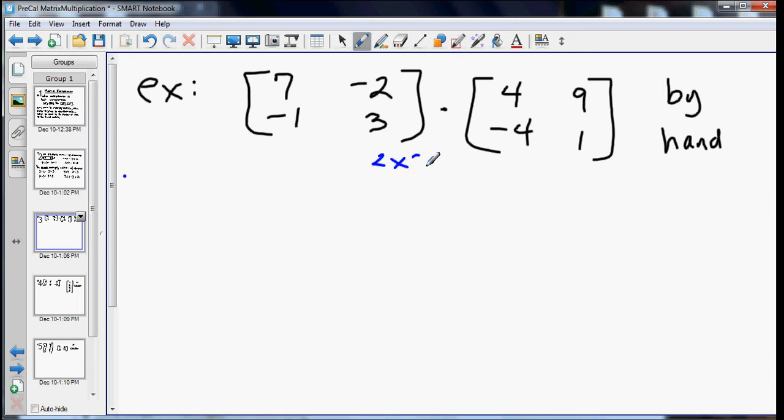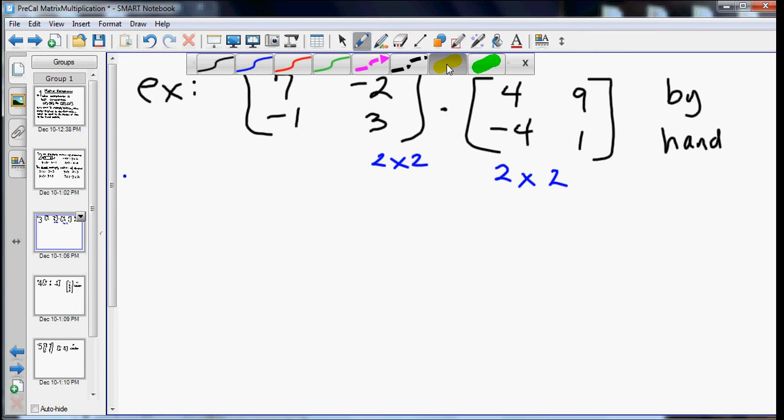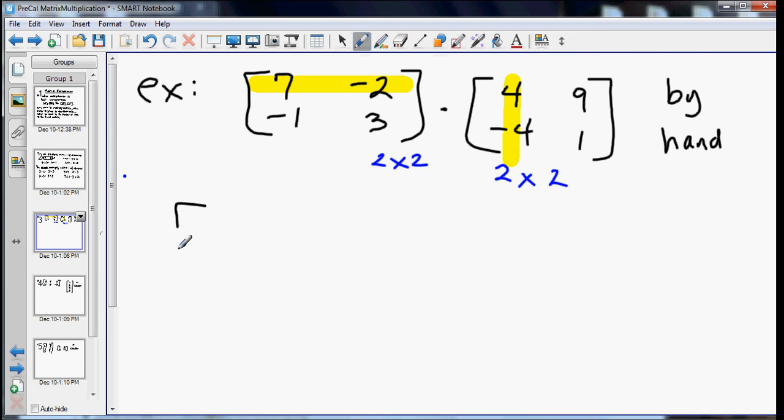You learned this probably in Algebra 2. The way we want to approach it is we take the first row and the first column, and we do the first number, 7, times the first number, 4, plus the second number, negative 2, times the second number, negative 4.